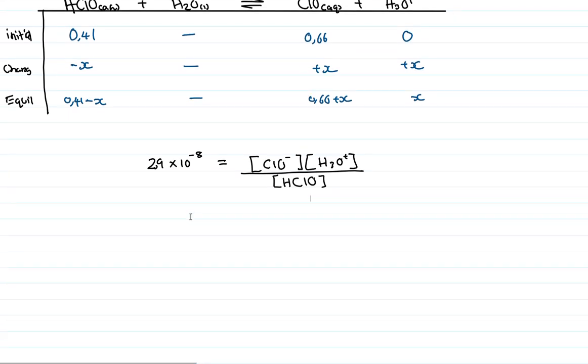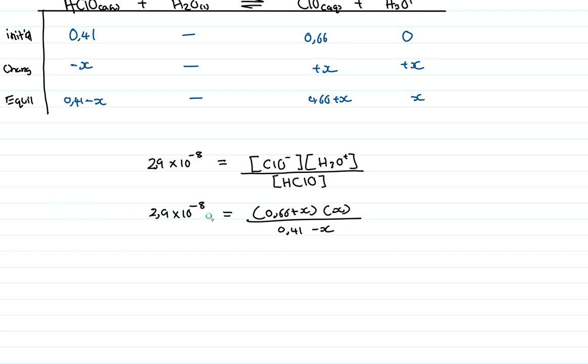So now we substitute: 2.9 times 10 to the negative 8 equals 0.66 plus x, multiplied by x, divided by 0.41 minus x.